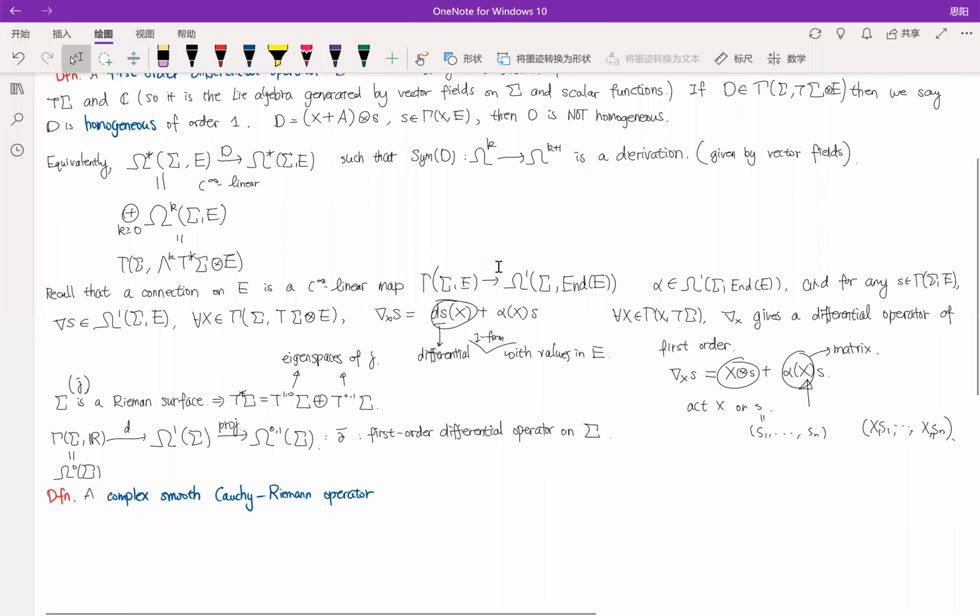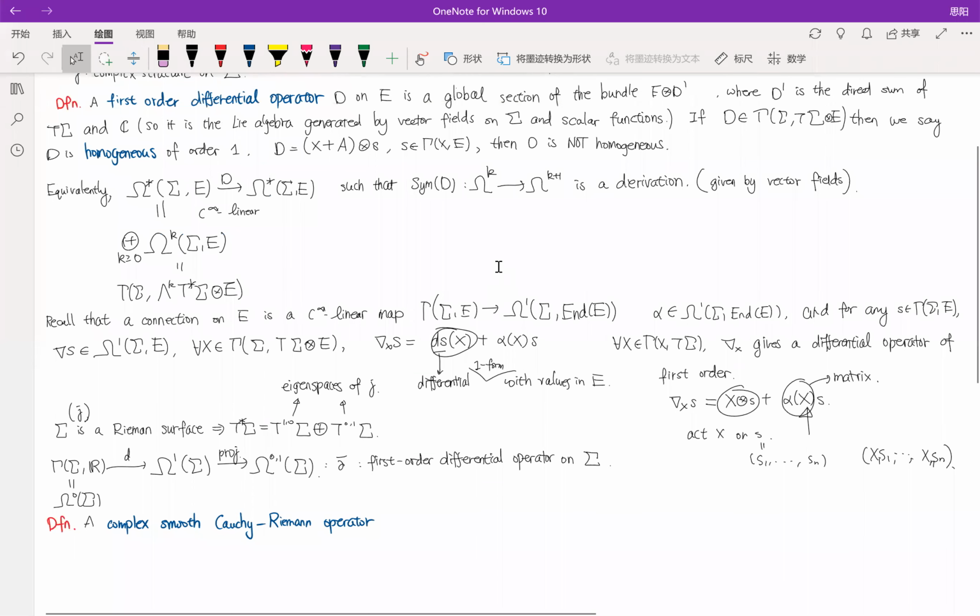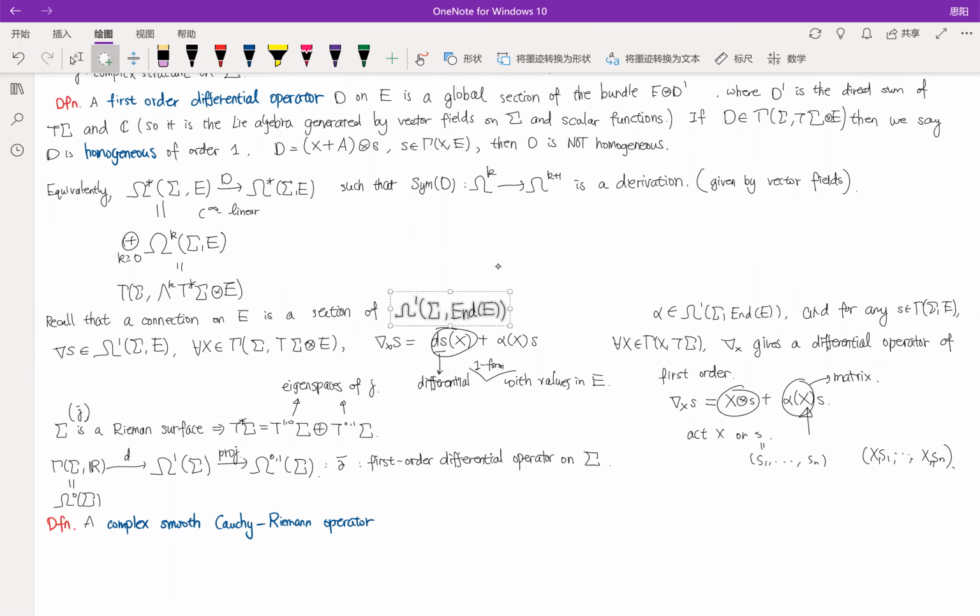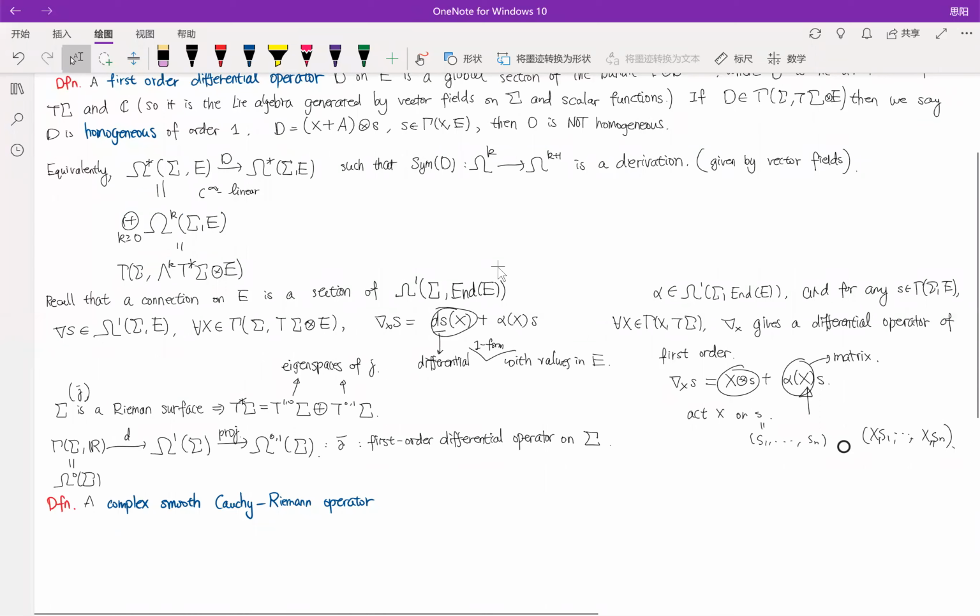Yes, it is a section of this bundle. Then you wrote nabla x s is equal to x tensor s. I'm also a bit confused. What do you mean by x tensor s?